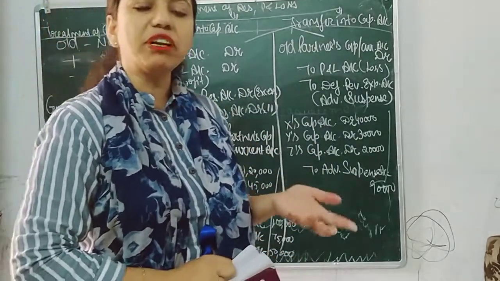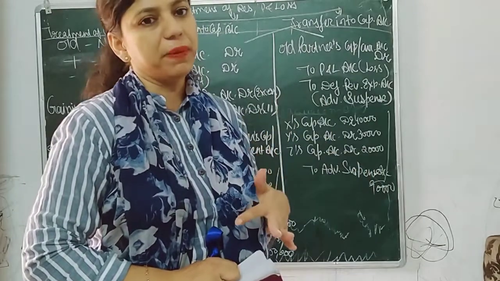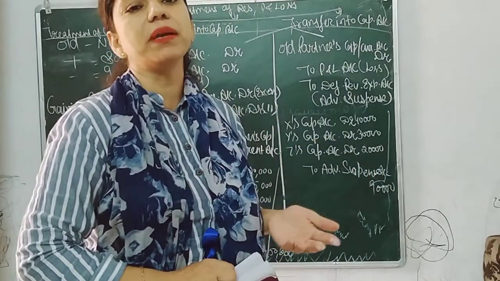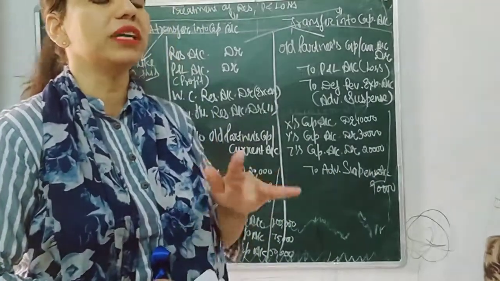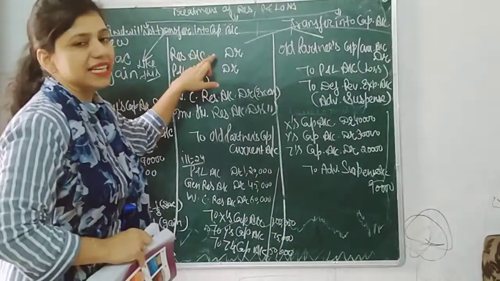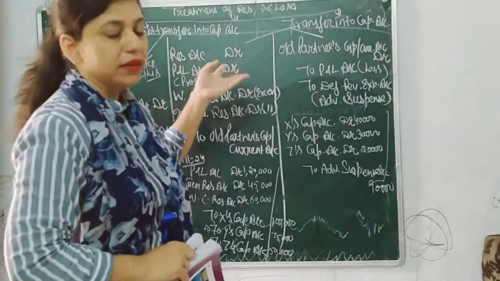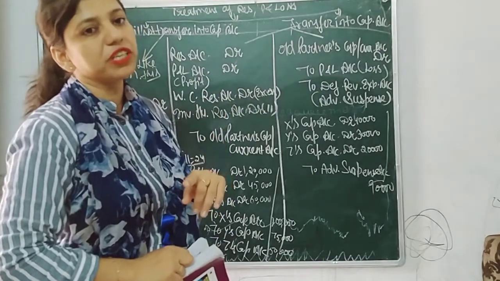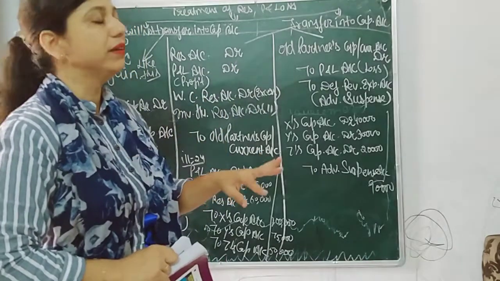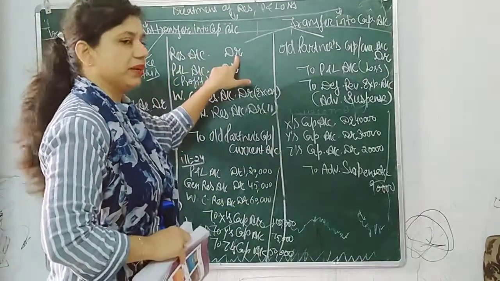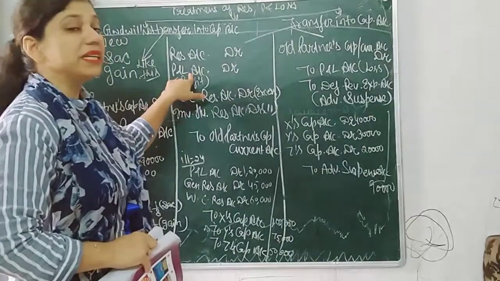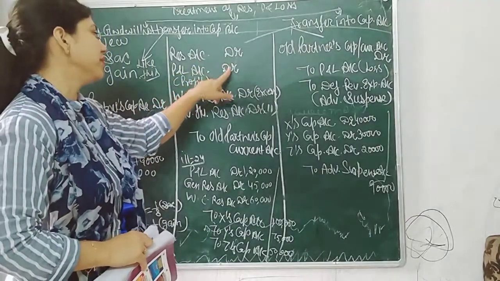So if previously it was credit, now it will become debit, and if previously it was debit, now it will become credit. What does it mean? Reserves, as we know, are always given on the liability side. So because of the change in profit sharing ratio, the reserve account will be debited. For profit and loss, the profit account should be debited.